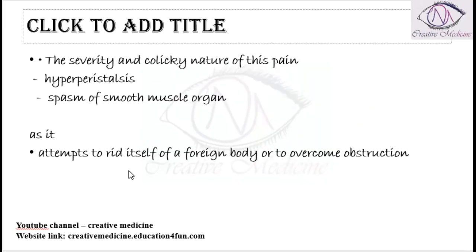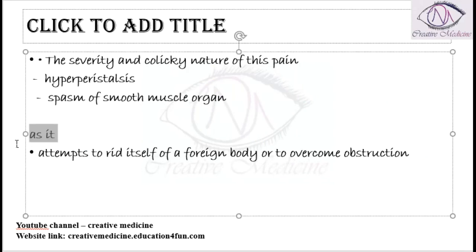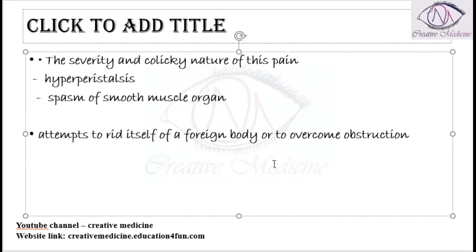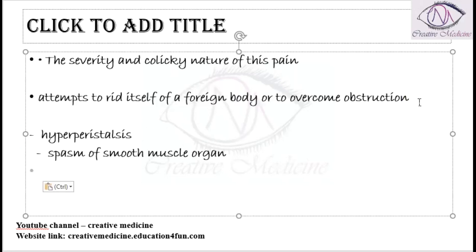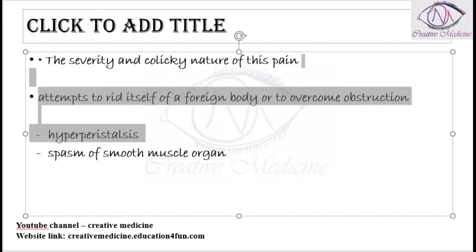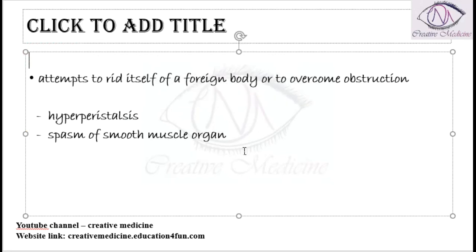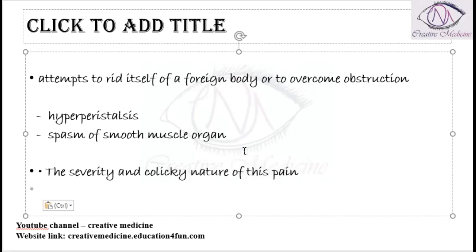So in the attempt to get rid of the foreign body or to overcome the obstruction, the smooth muscle undergoes hyperperistalsis, along with spasm of the smooth muscle. This hyperperistalsis and spasm will determine the severity of the pain.